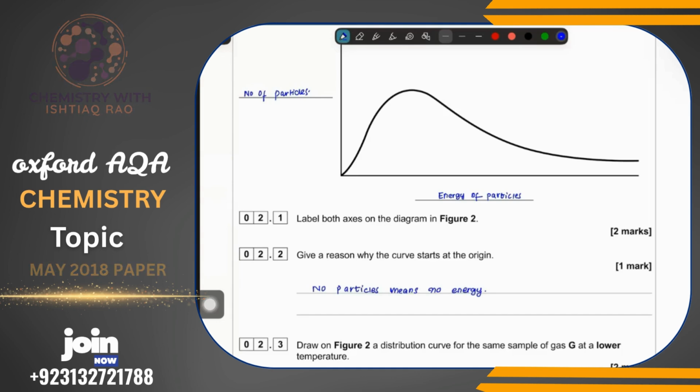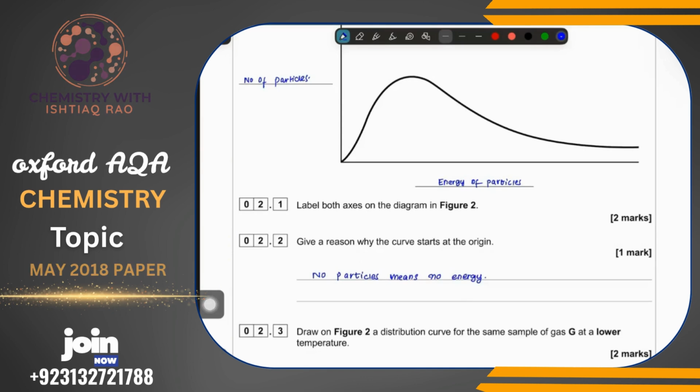Or you can say that if we don't have any atoms or molecules or particles, there would be no energy. So you can write this as well, okay?